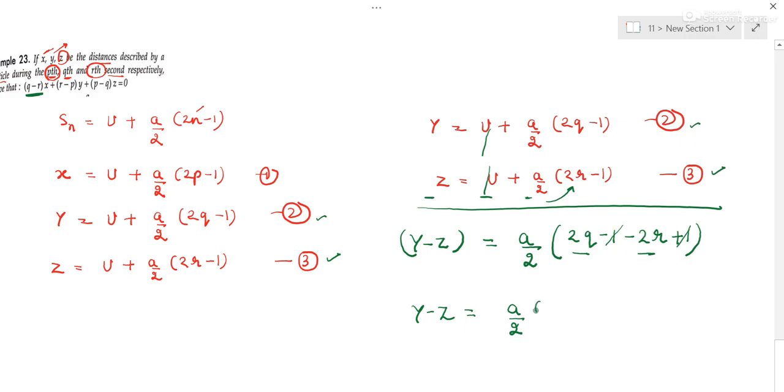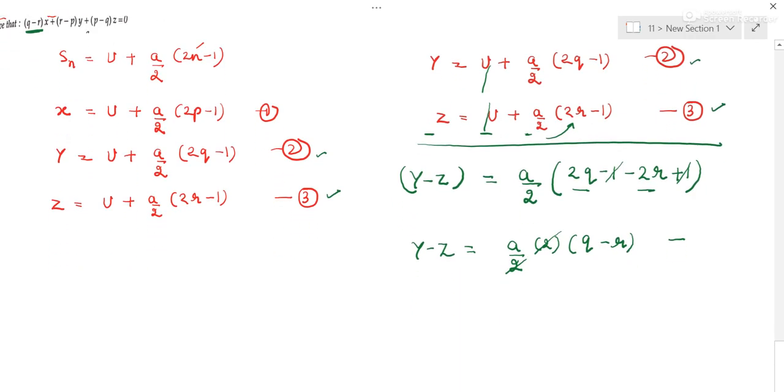I'm taking 2 common, so it's q minus r. 2 cancelled. So y minus z equals a into q minus r. So I'm ready with the value of q minus r.